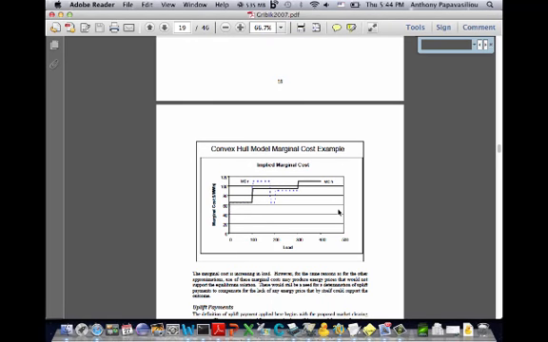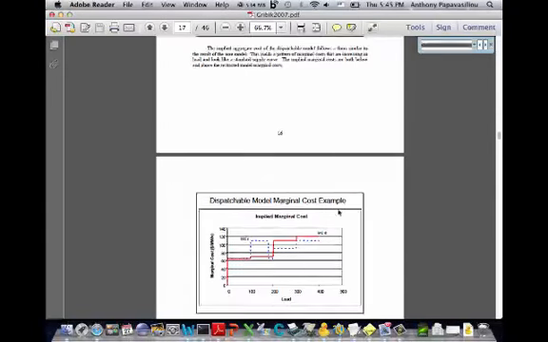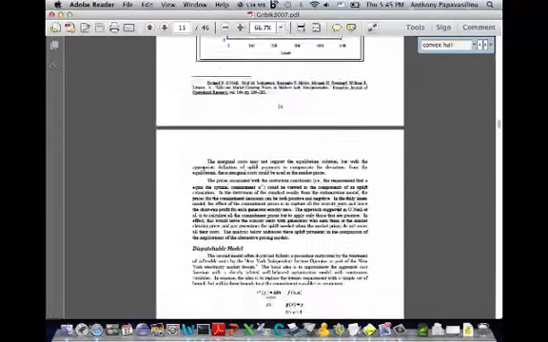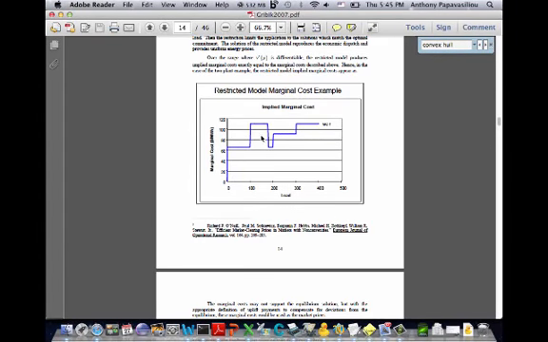Whereas if you use the first model I showed you, you get the graph over here, which is also the marginal cost graph of the actual unit. So the two differ. The convex hull is basically trying to approximate this on average.